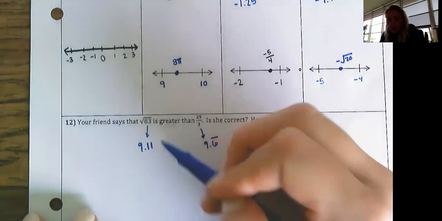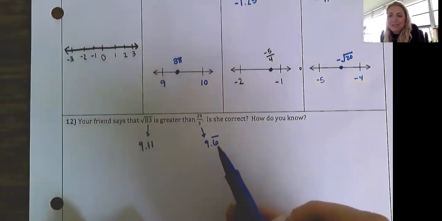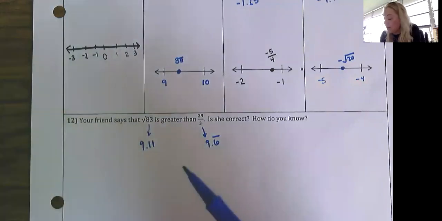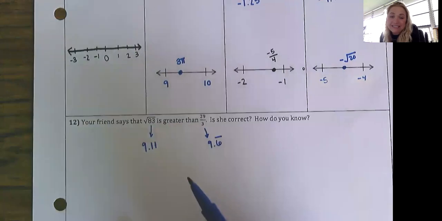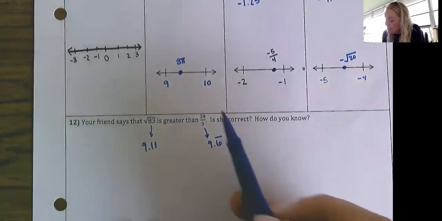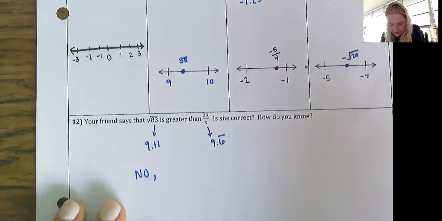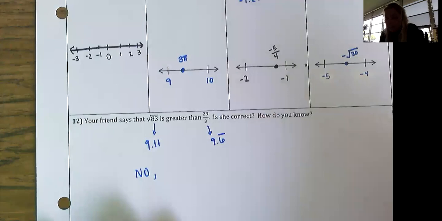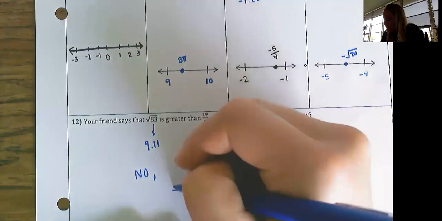Was your friend correct? Was this one greater? No, it wasn't. 9.6 repeating is definitely bigger than 9.11. If we compare them to nearest hundredth, 9.11 compared to 9.66, or if you round 9.67, 9.67 is going to be the bigger one. So is she correct? No. How do you know? Well, we have our decimal approximations, but let's put a number line on here so we can kind of prove how we know.